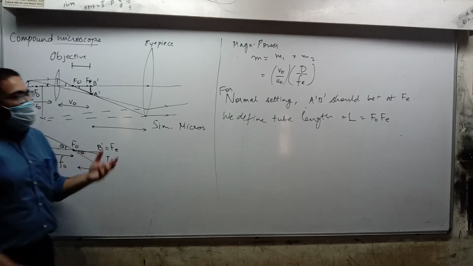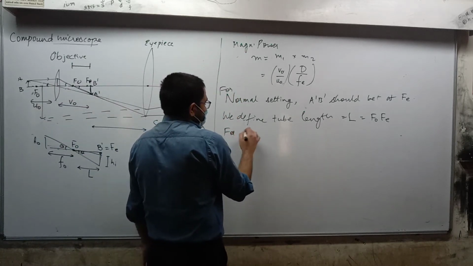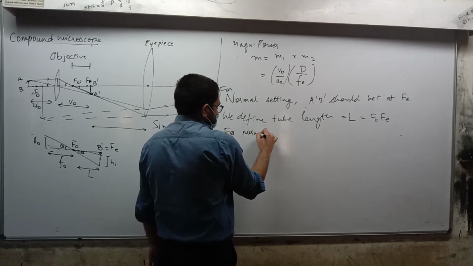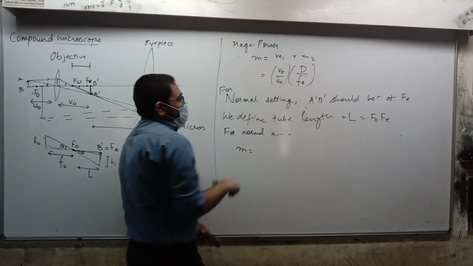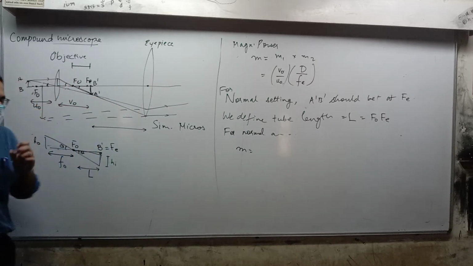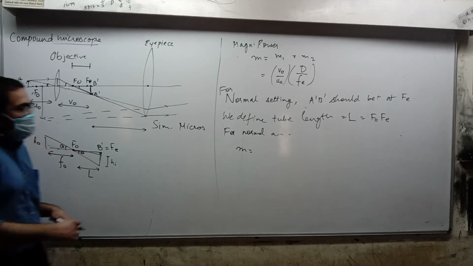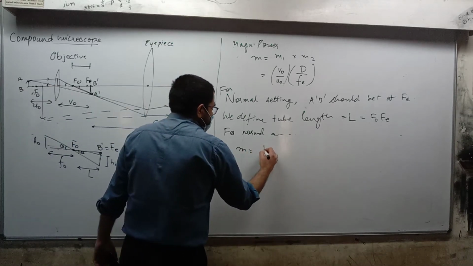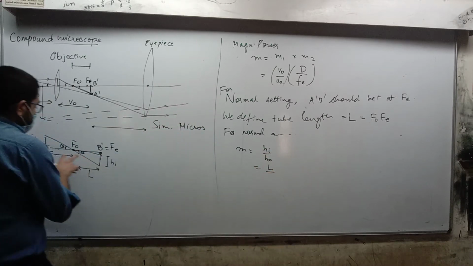Now let's repeat. For normal setting or normal adjustment, we have M equal to, now I am not going to use V by U, I am going to write HI by HO. Why? Because you can clearly see from here that HI by HO is nothing but L upon FO.